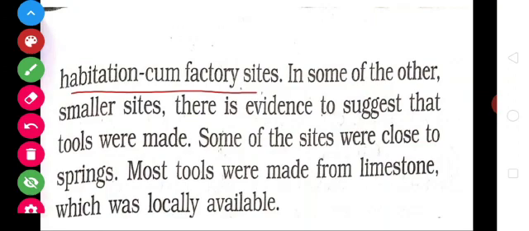In some of the other smaller sites, there is evidence to suggest that tools were made, and some of the sites were close to springs. Most tools were made from limestone, which was locally available in that place.